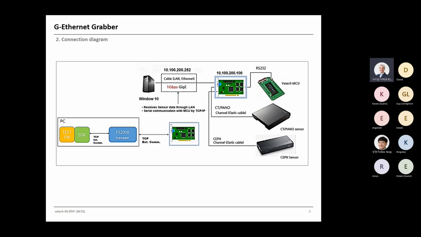Both sensors are also connected to this Ethernet grabber card, which is connected to the MCU. So this is quite a simple connection, and quite easy to understand, I guess.